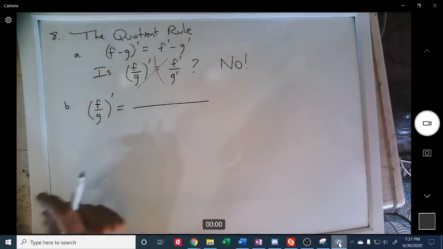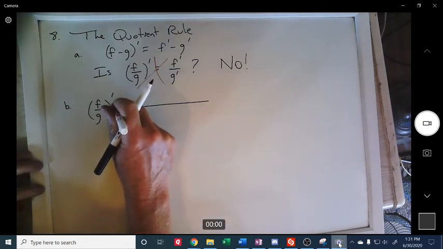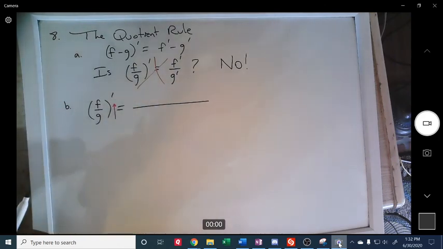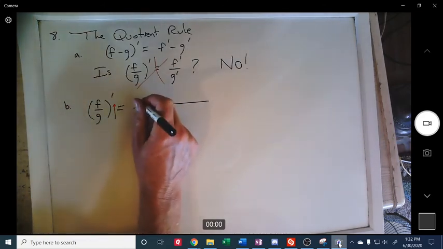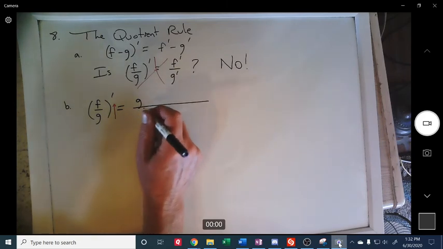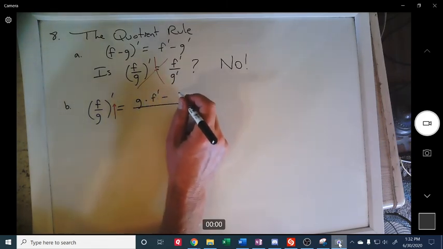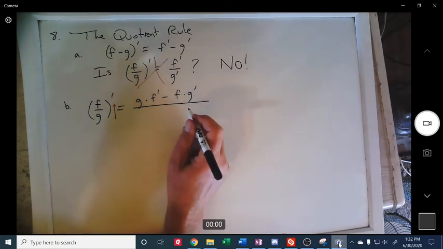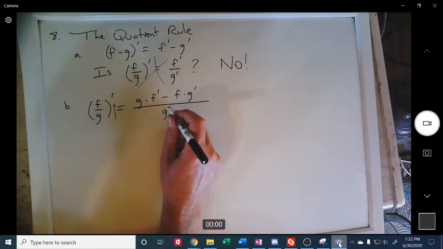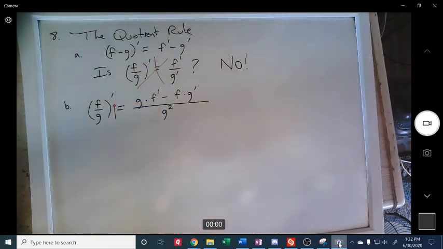To do the quotient rule, I always think of an arrow going up. And it helps to remind me to start with the bottom function. g times f prime minus f times g prime over g squared. And it's crazy.